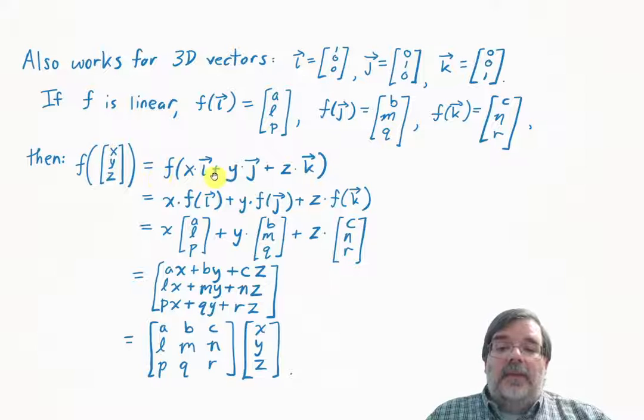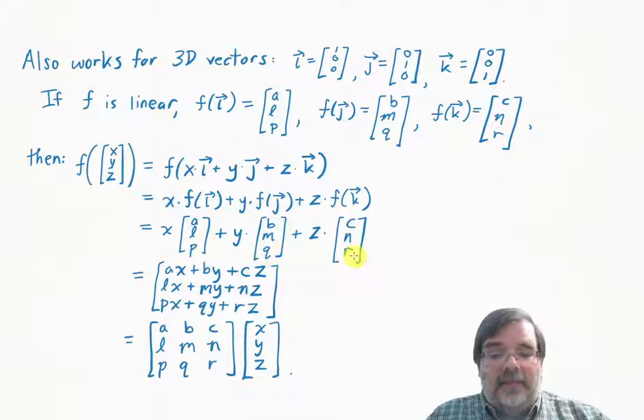Because f is linear, it breaks up over addition, and then you can pull out the scalar multiples, and you'd be left with this expression here, x times f of i plus y times f of j plus z times f of k. Then, since you know the values of the function at the standard basis vectors, you could substitute them in.